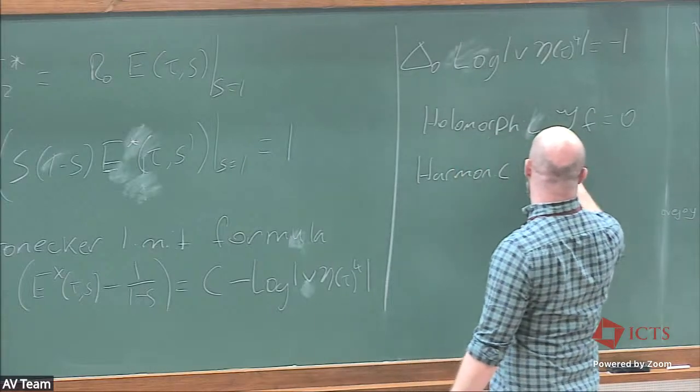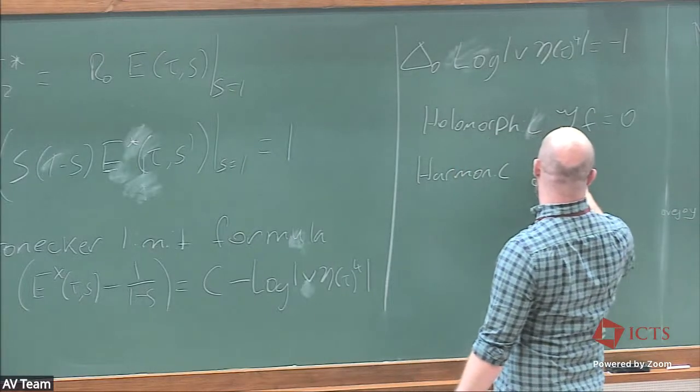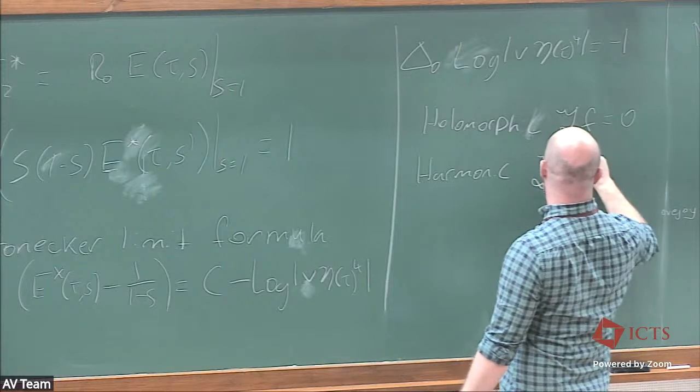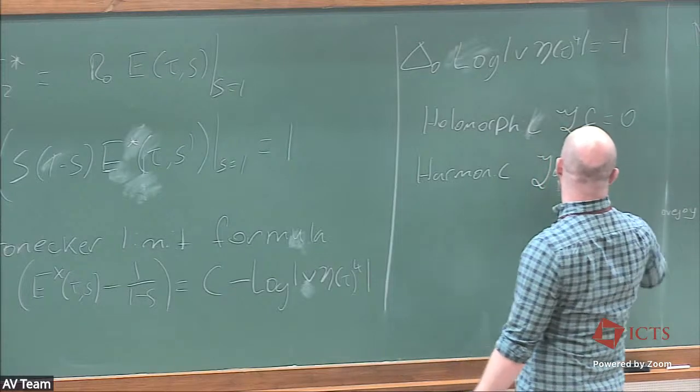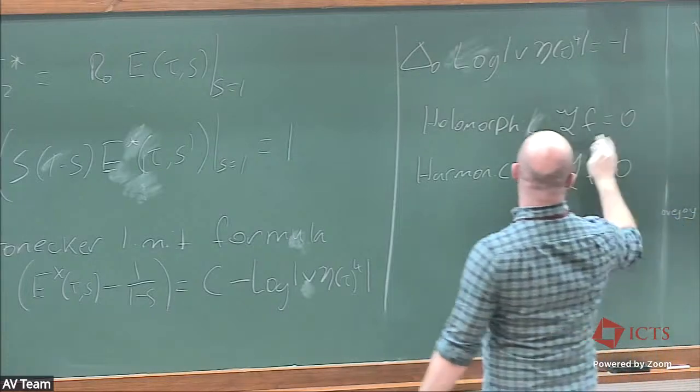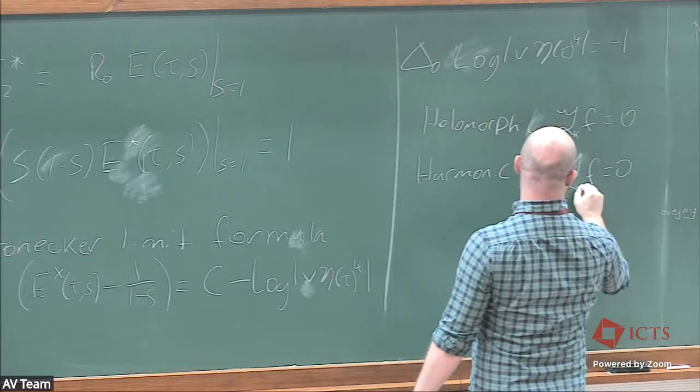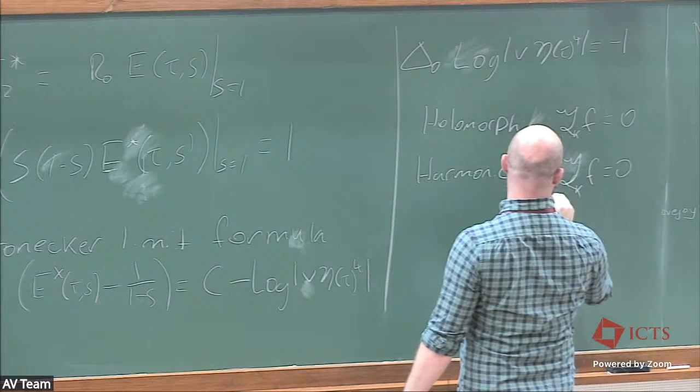Harmonic means that Xi composed with Xi of F is going to equal 0. Now this should be, let's say this is k, this should be 2 minus k.